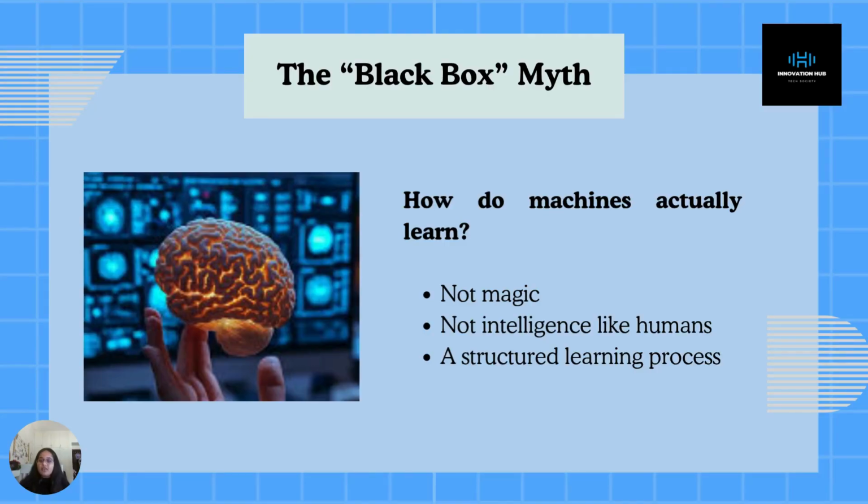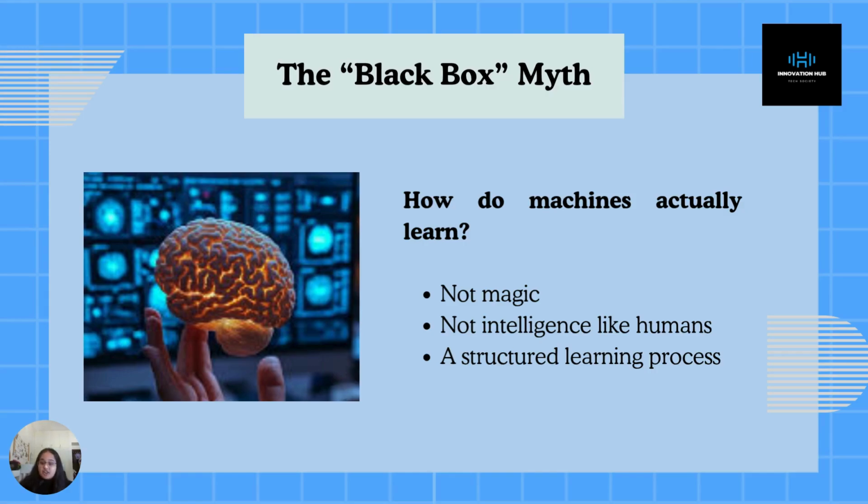Today, we are going to open up what is often called the black box of machine learning. When people talk about machines learning, it can sound mysterious, like the system somehow understands things or develops intelligence on its own. But in reality, there is no hidden intelligence. Machine learning is a structured mathematical process.